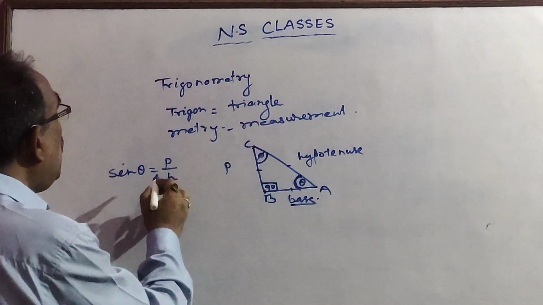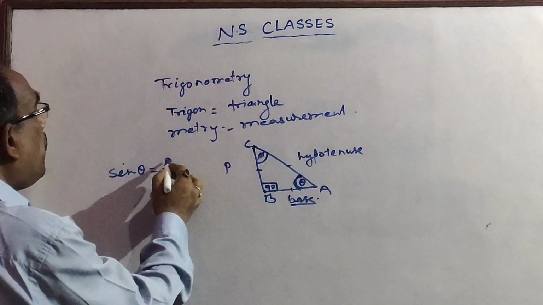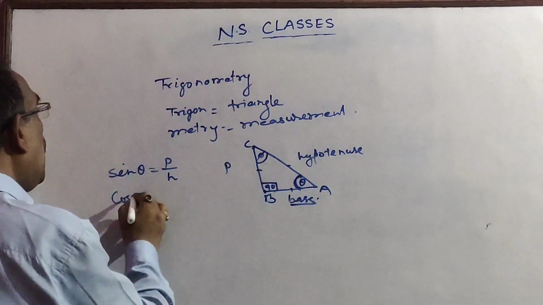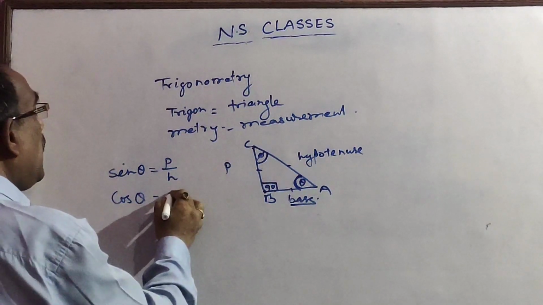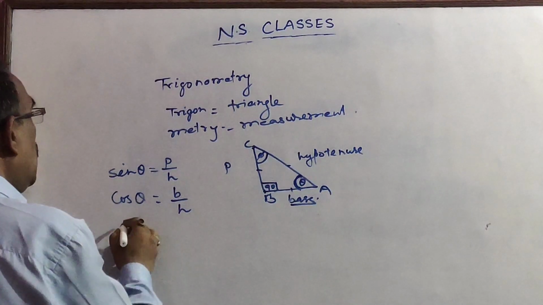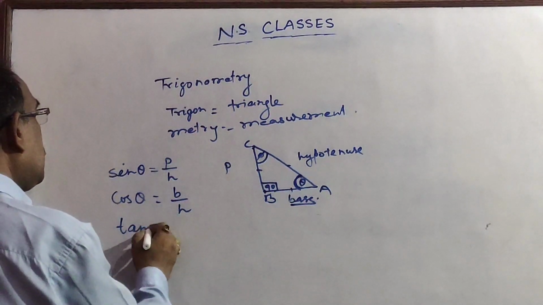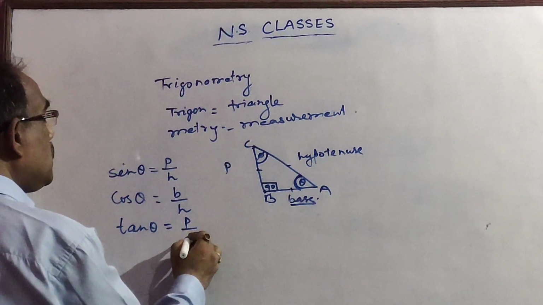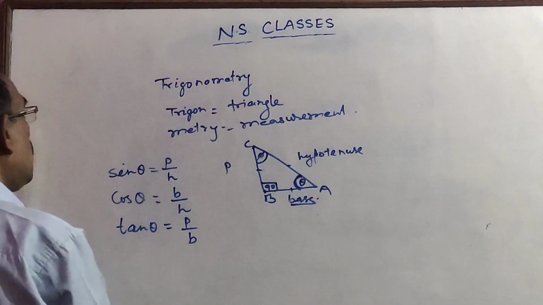Sin theta is the ratio of perpendicular and hypotenuse. Cos theta is the ratio of base and hypotenuse. Tan theta is the ratio of perpendicular and base.